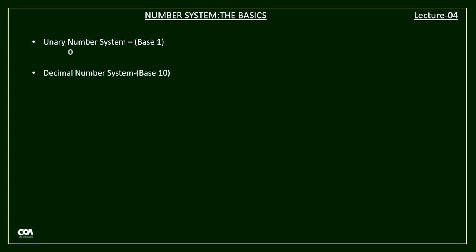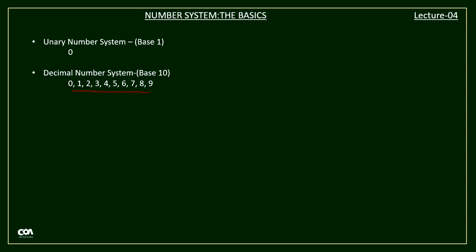Since humans are comfortable counting on 10 fingers, this number system was very popular. In the decimal number system, the base is 10, and the symbols 0 to 9 are used to represent whole numbers.